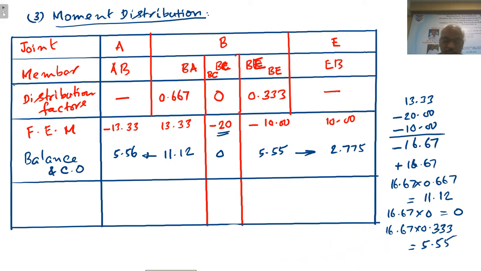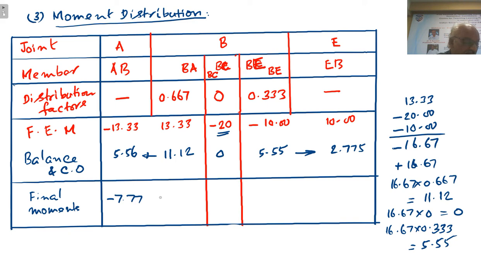Right. So that completes the moment distribution. As far as this problem is concerned, we will write down the final moments. So that minus 13.33 plus 5.56 will give you minus 7.77.